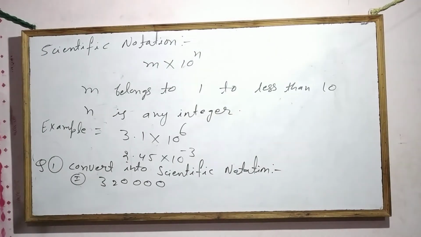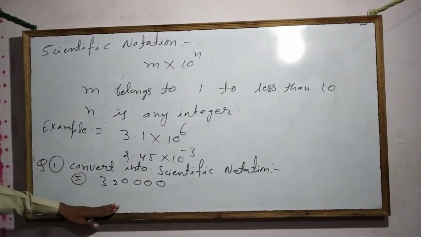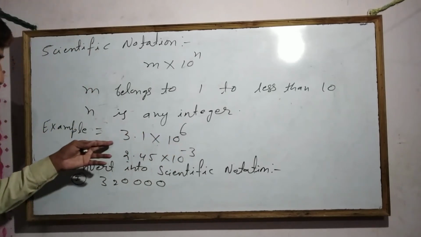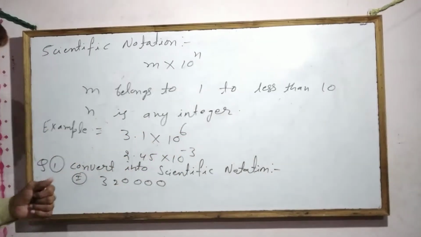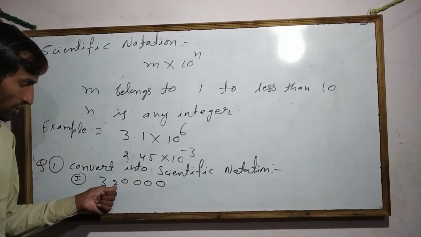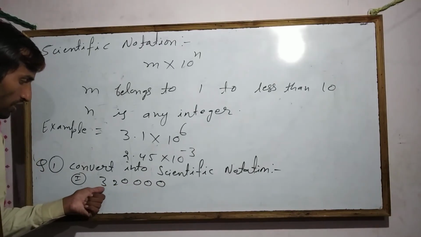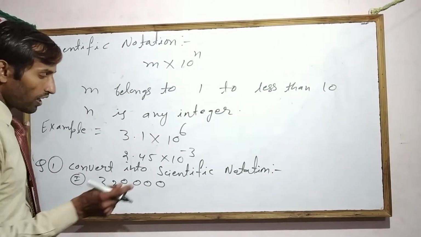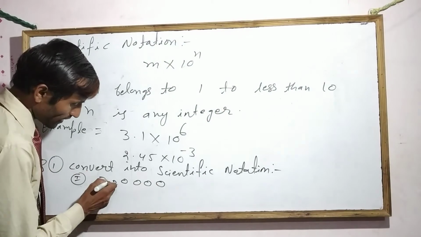If this type of number is given, we have to convert it into scientific notation. We have to write it in 10 power something. Just see here, how many digits are there after 3? 5 digits are there. So we want to put a point here.